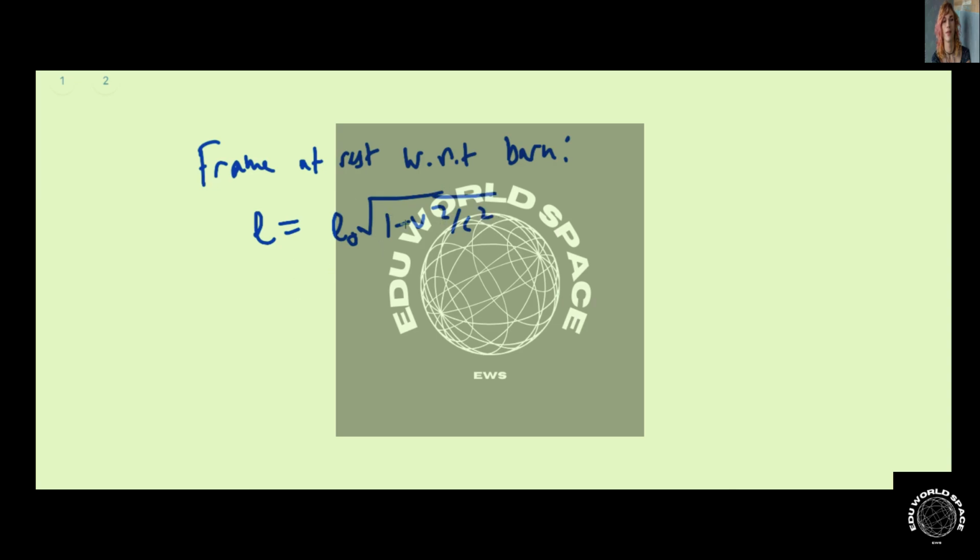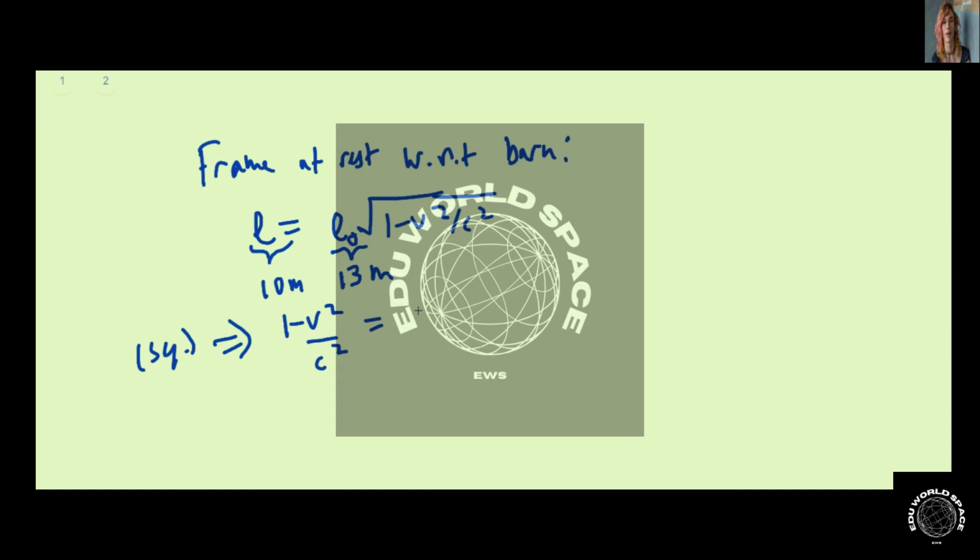And so the idea is that we want to find v given L and L naught. So the rest length for the pole is 13 meters, and the proper length, we want it to be 10 meters or less, right? So in order to fit it into a barn, you can rearrange some terms and square both sides.